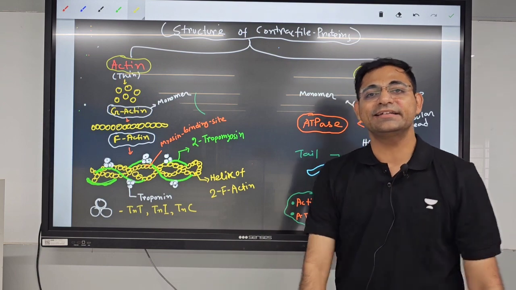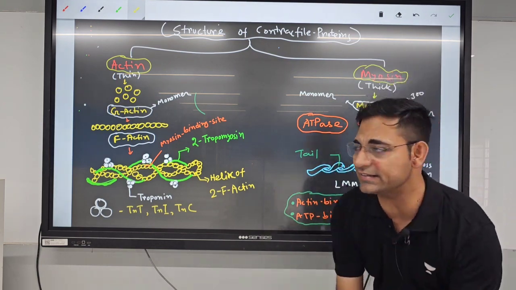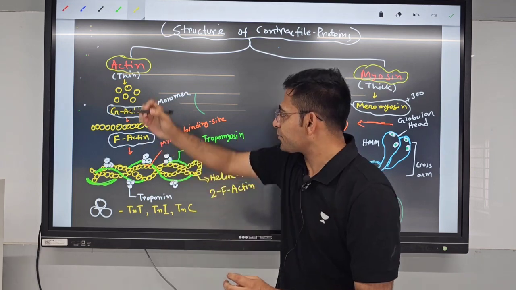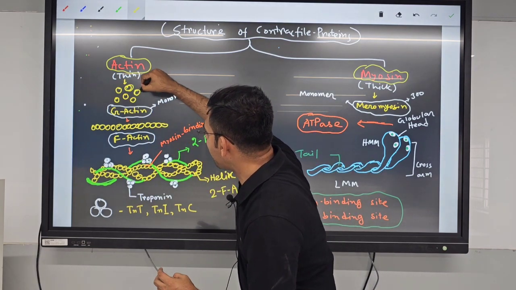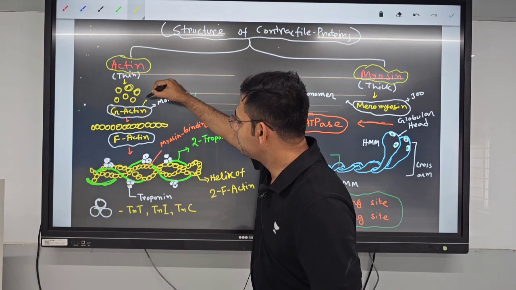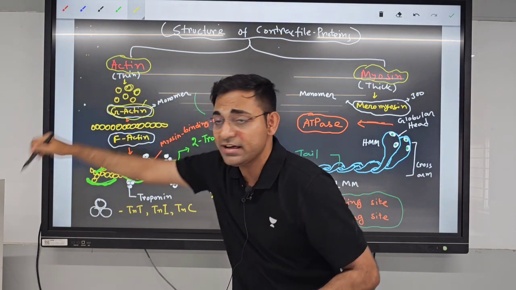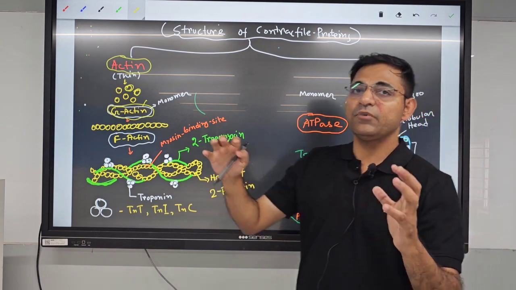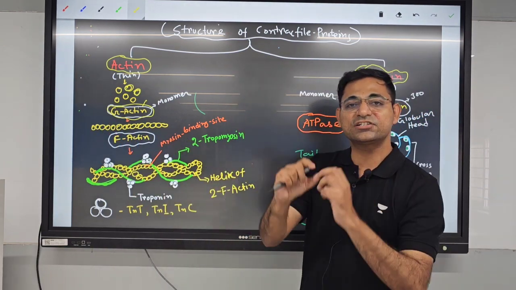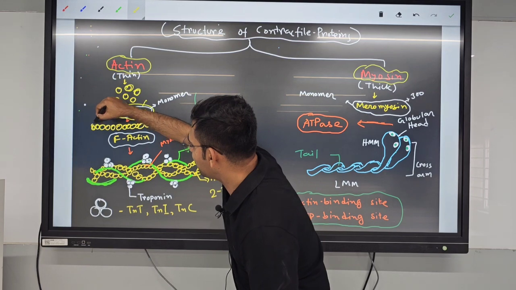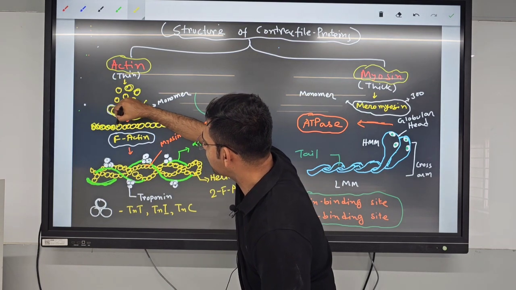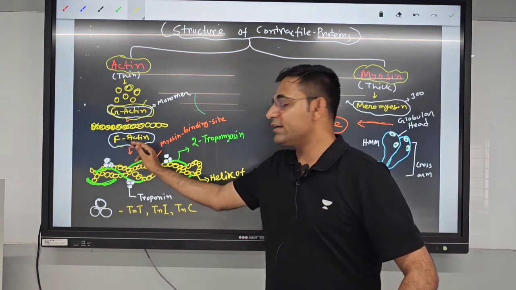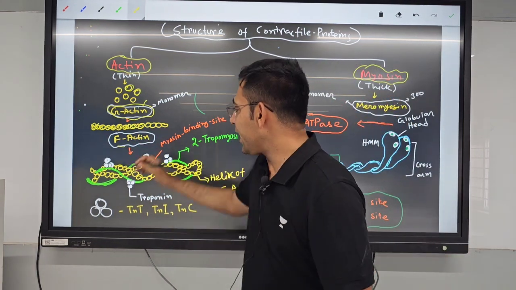Now how is this actin made up? Actin is made up of numerous globular monomers called G-actin, or globular actin, combined together like beads on a ring. If you keep combining G-actin one by one and make a filamentous chain, that is called F-actin, or filamentous actin.